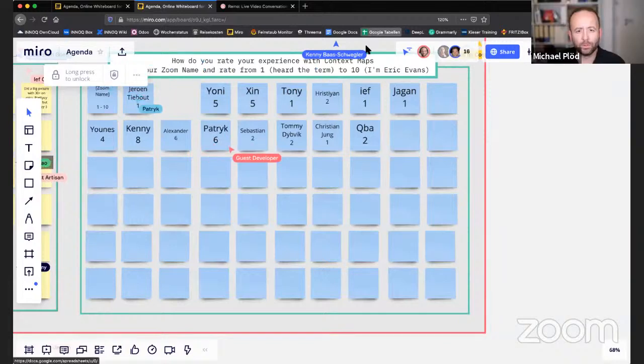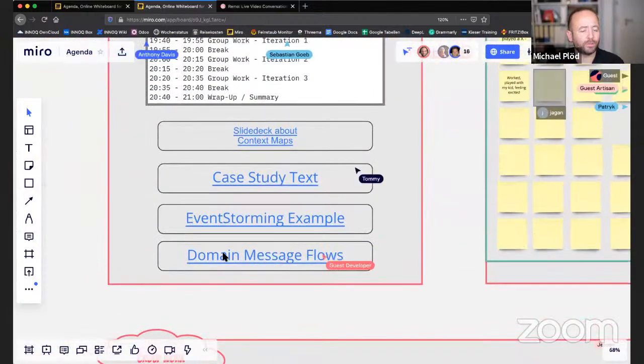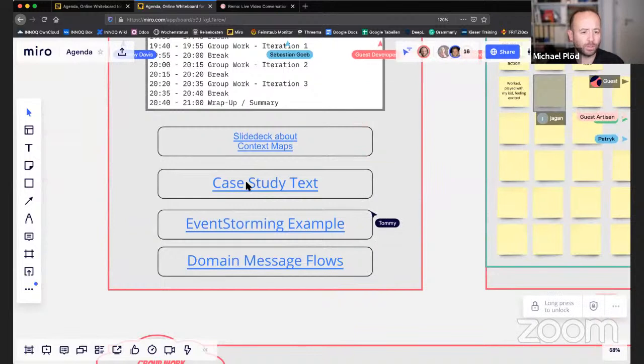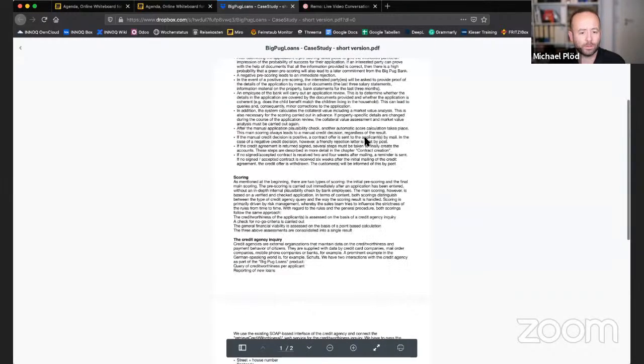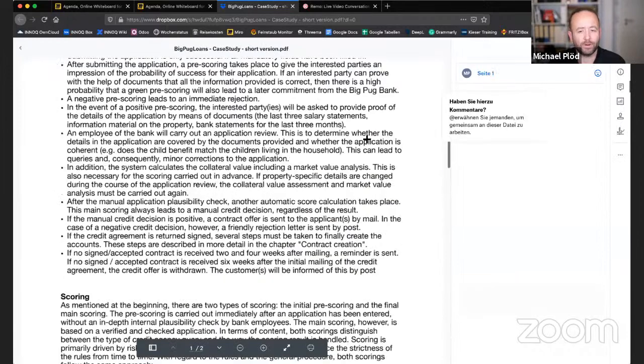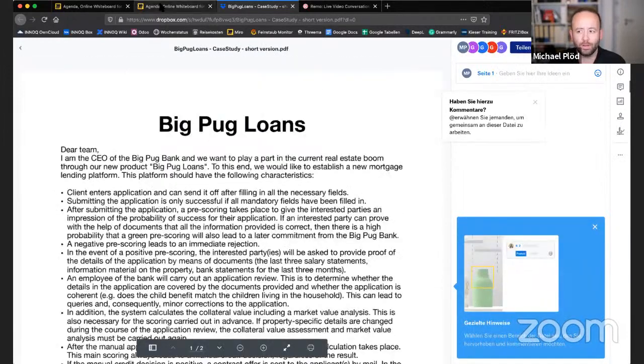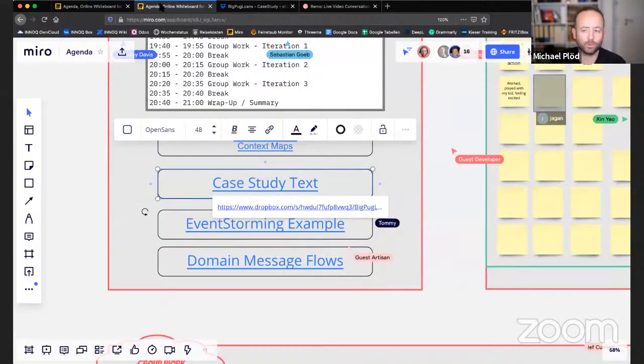I want to move your attention towards the case study. I've added quite a bit of information to this Miro board. First of all, we have a text document that describes the case study in a little detail. There's some text, a very nice specification, which contains the total truth about everything, as always.